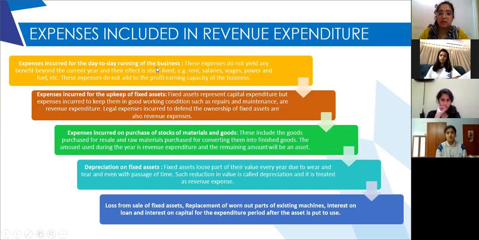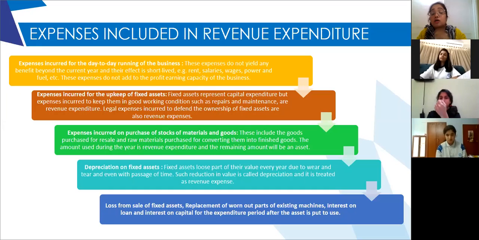Okay, I'll just repeat. Any expenditure which you're incurring on, say, repair of a machine, or I'm paying salary or wages to a worker, or I'm purchasing raw materials on a day-to-day basis. These examples will all come under revenue items because they are day-to-day expenses.